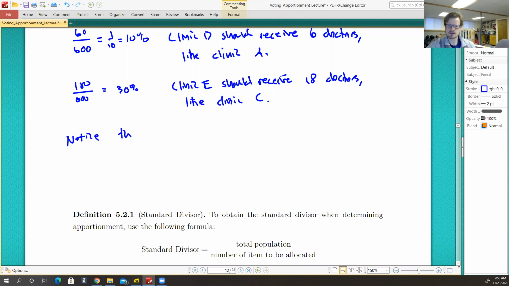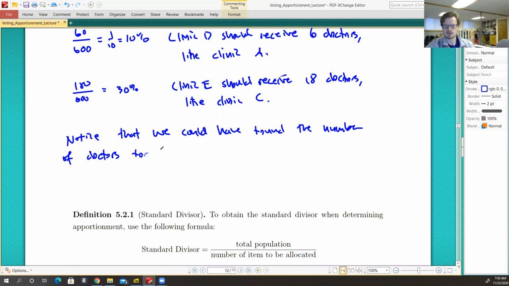So notice that we could have found the number of doctors for each clinic by dividing by 10. Well, that's kind of interesting.